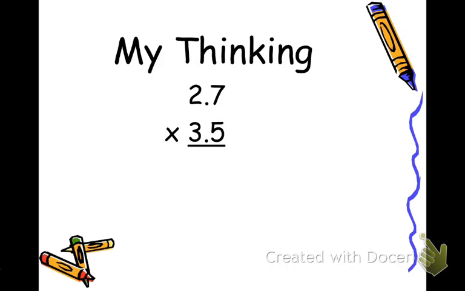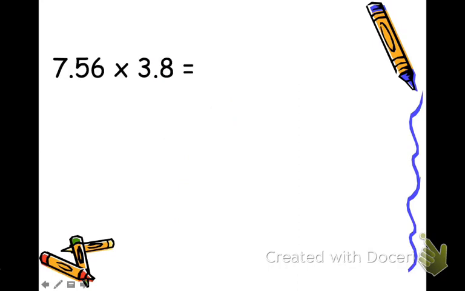Let's take a look at another one here. Again, make sure you are filling these in on your notes. 7.56 times 3.8. So first I'm going to write the multiplication problem up and down like I normally would a multiplication problem. Notice I'm not worrying about lining up those decimals. Then multiply like normal.